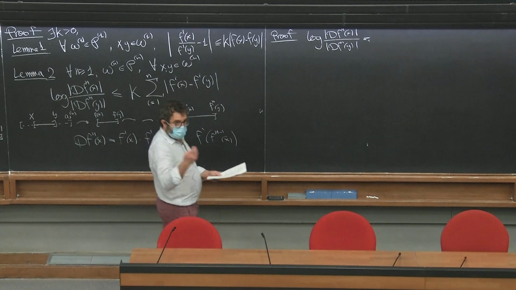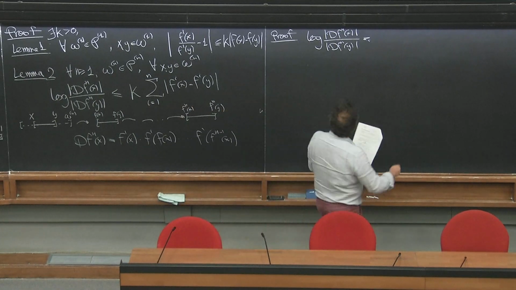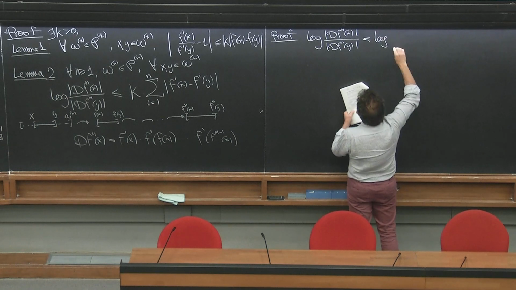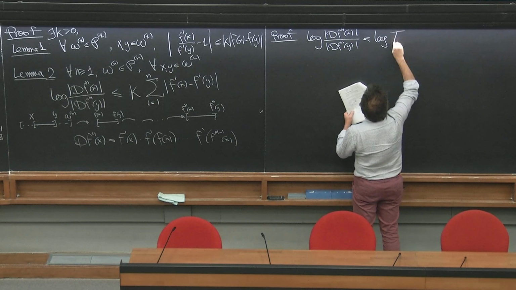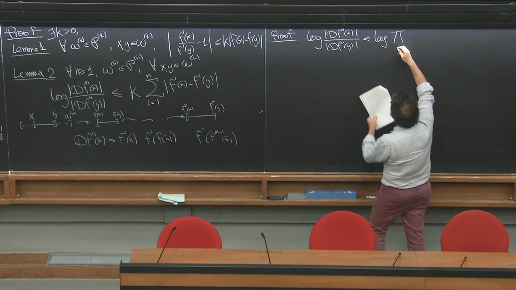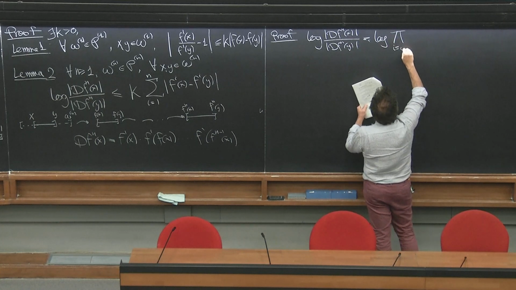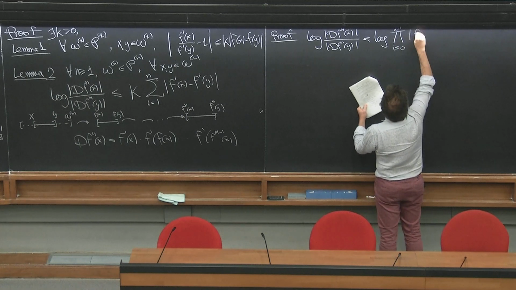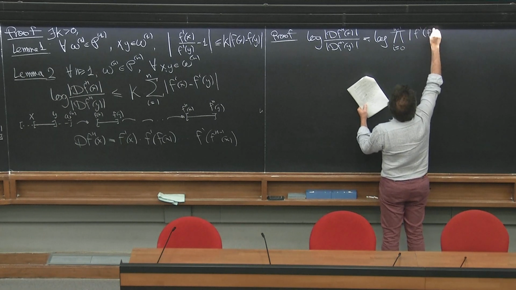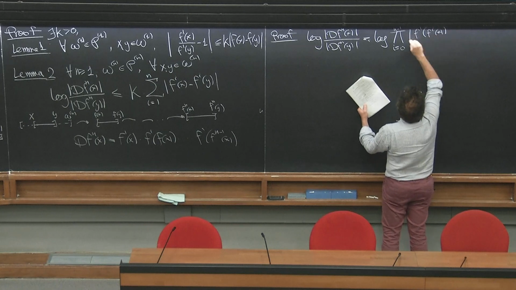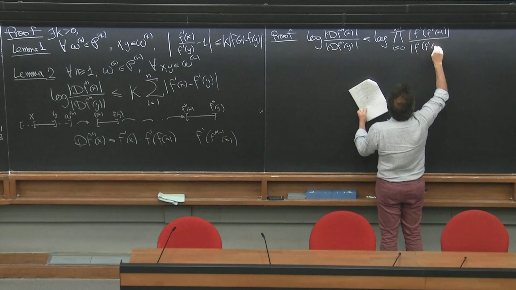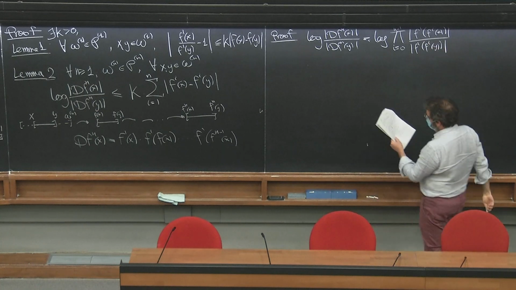I think you've got the idea. I think that's precisely it, what you said. So let me write it out in detail. By the chain rule, we write this as a product, right? So this is just I_(n-1). And then here we have f prime at f^i(x), and then here we have f prime at f^i(y), right?